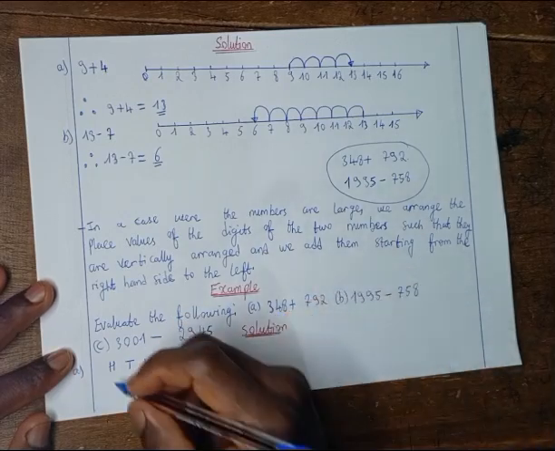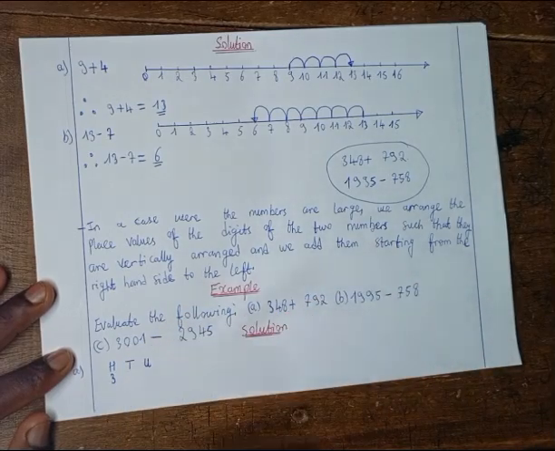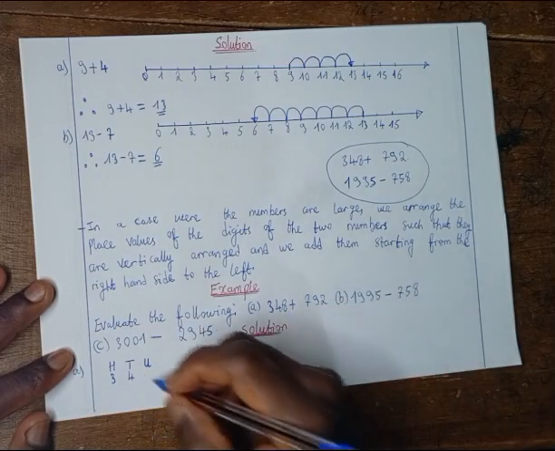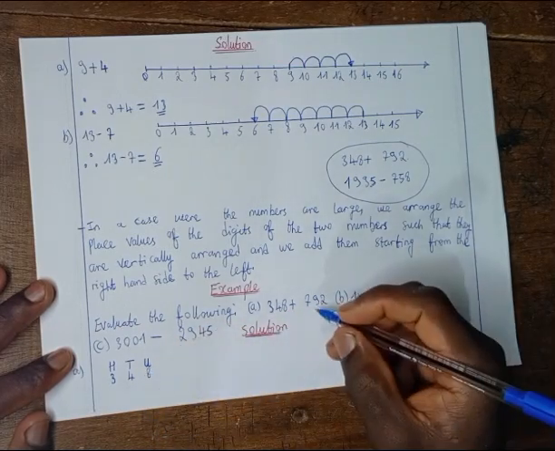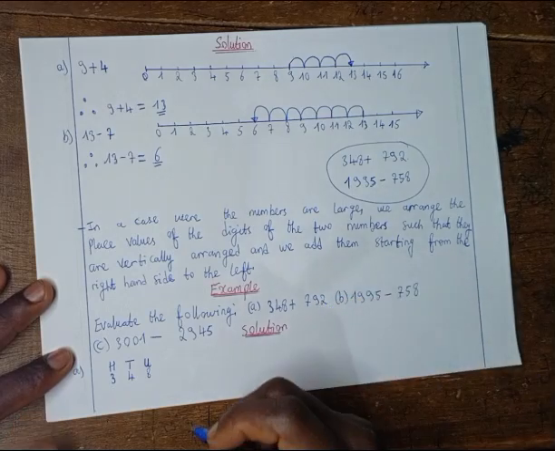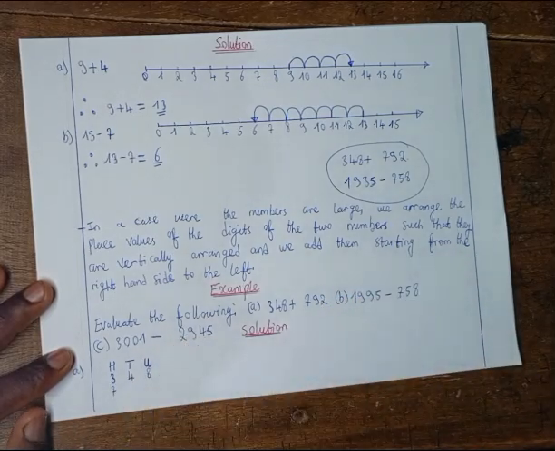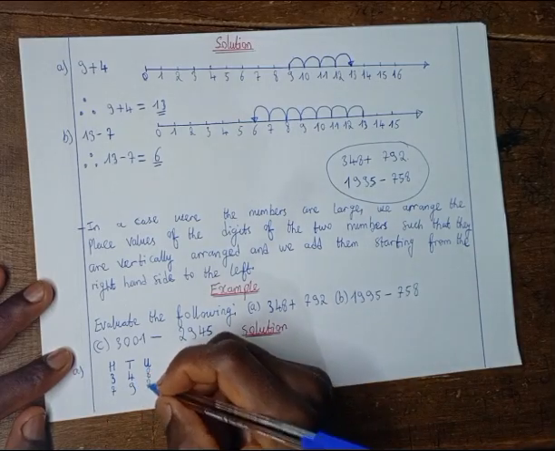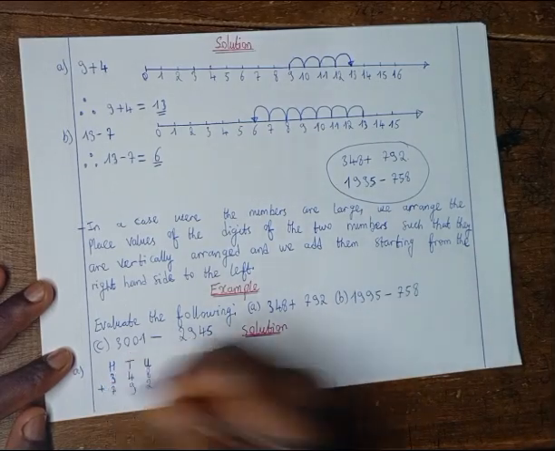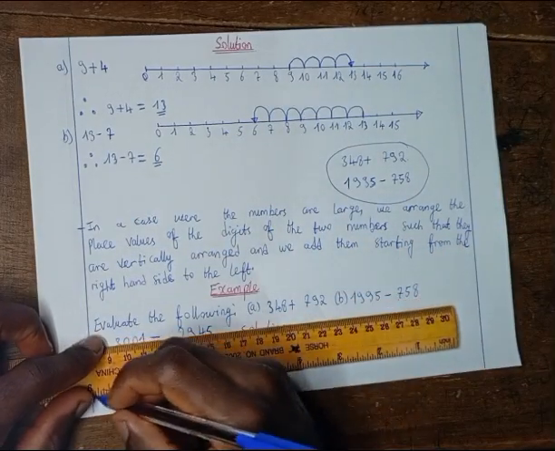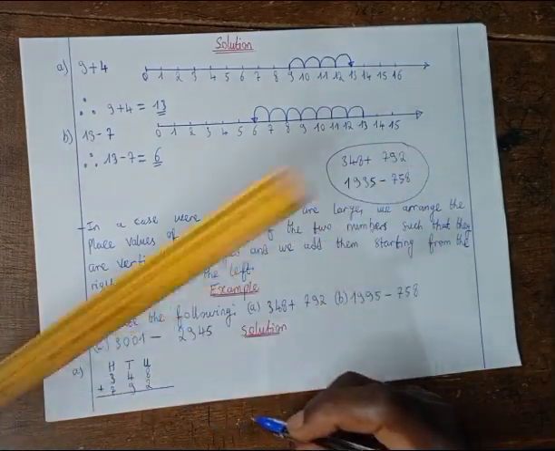Under hundreds, 3 is here. Under tens, 4. Under units, 8. Then the next number we have 792. Under hundreds, we place 7. Tens, we place 9. Units, we place 2. Then we draw our horizontal line, and below we write the results.